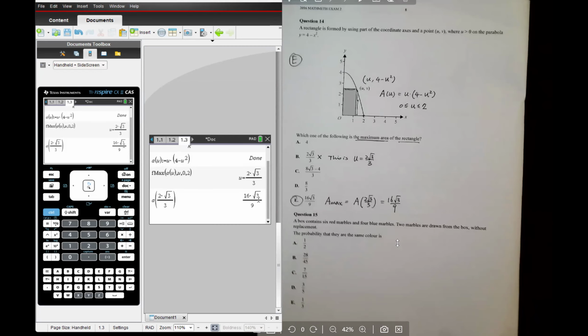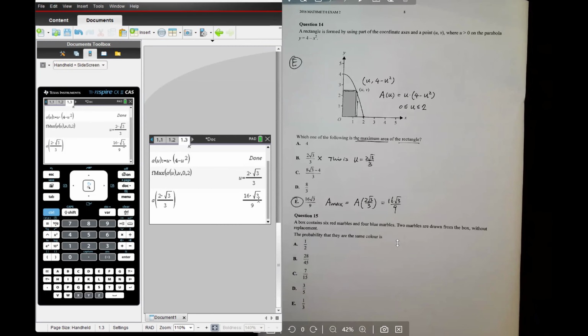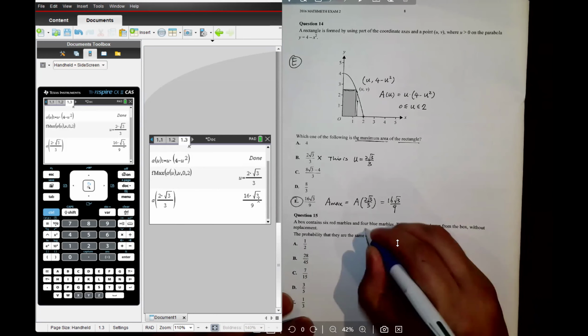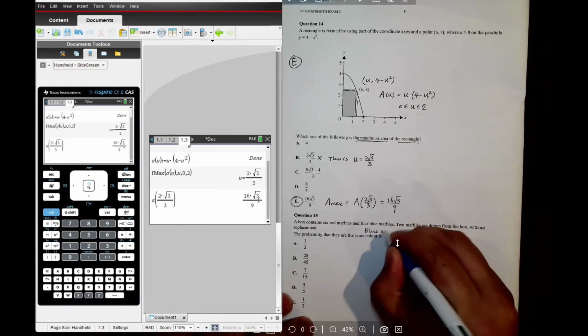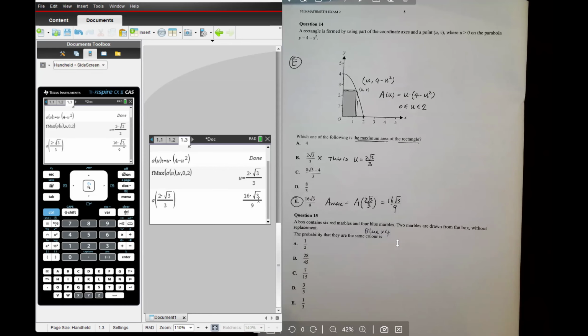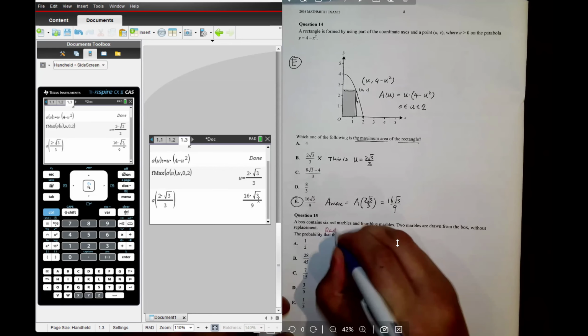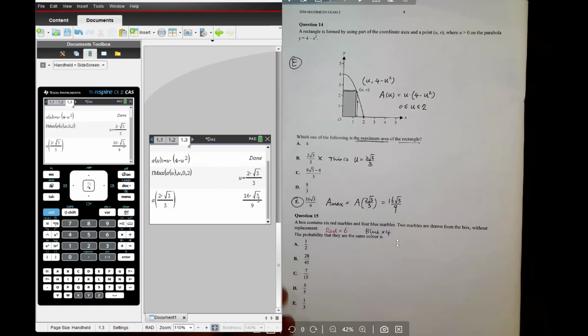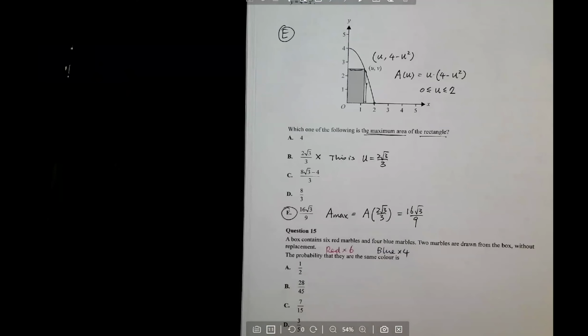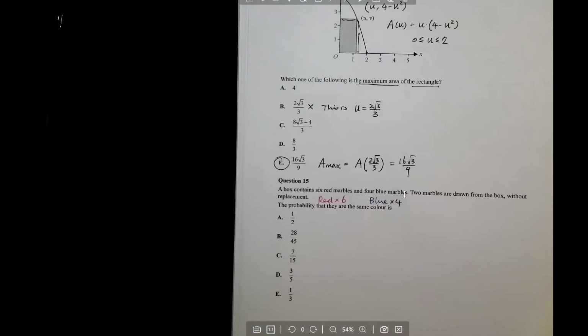Question 15 concerns a box. It contains 6 red marbles and 4 blue marbles. So we have blue times 4 and red times 6. So these are the available items, okay? What I want to say here is now, if you look at the phrasing of the question, 2 marbles are drawn from the box without replacement.